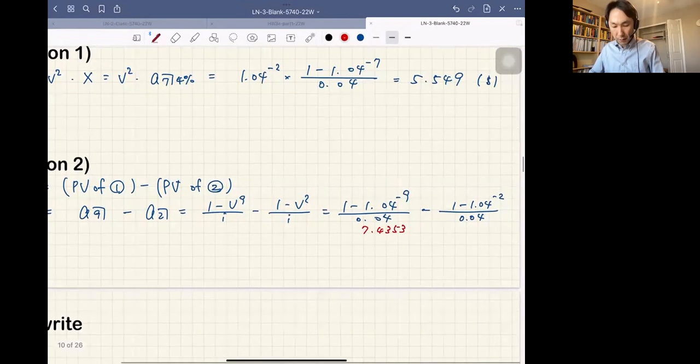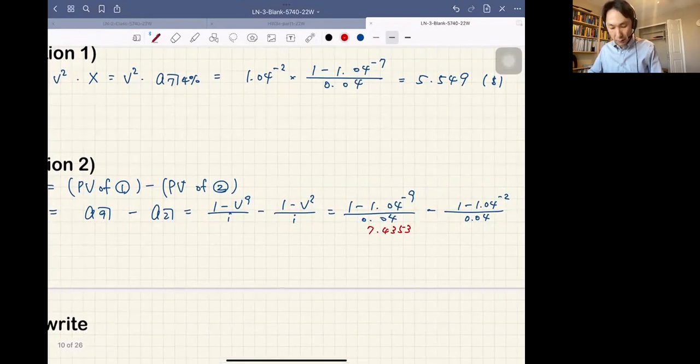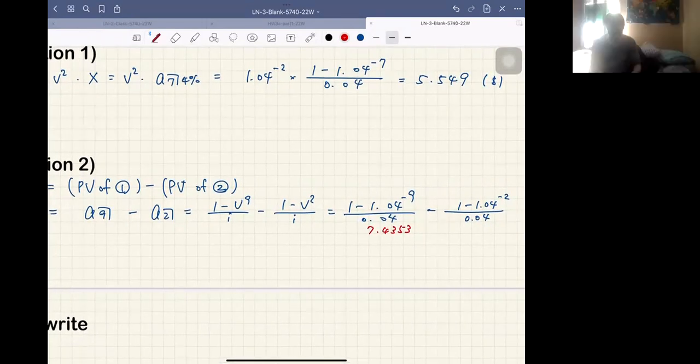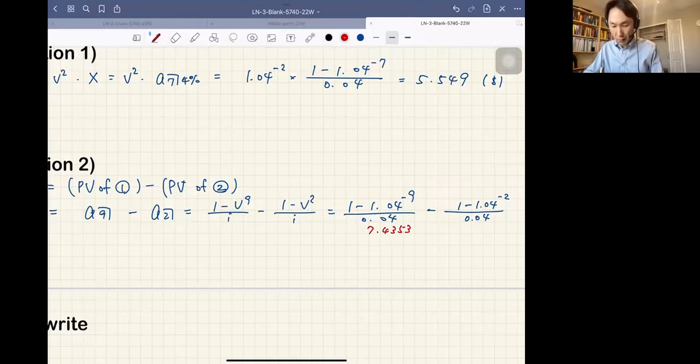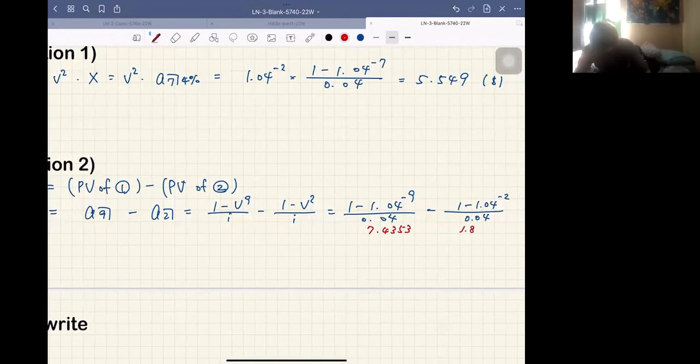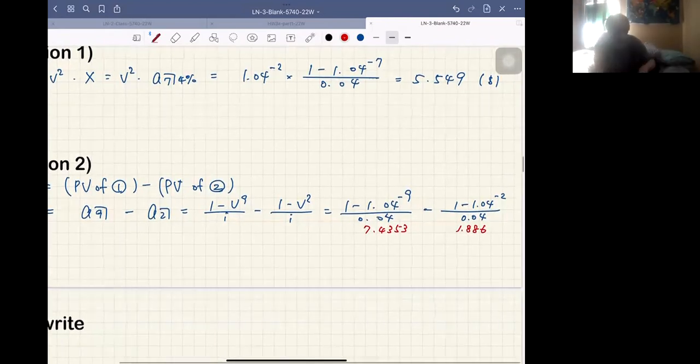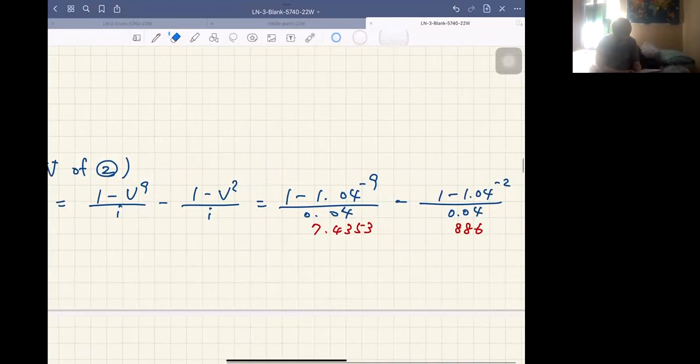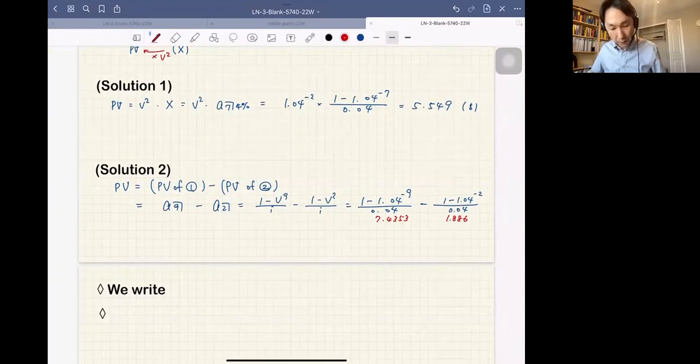And the second term is 1.04 to the power negative 2, minus 1, divided by 0.04. This is 1.886. So this is about 5.549.